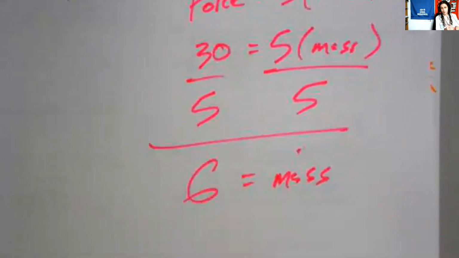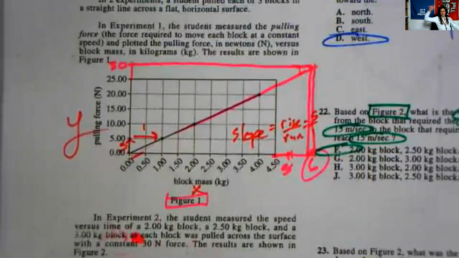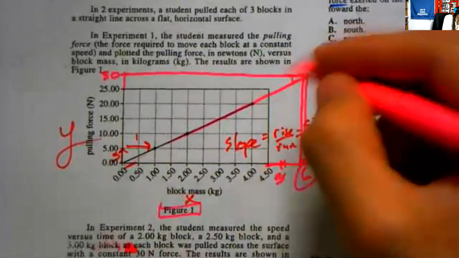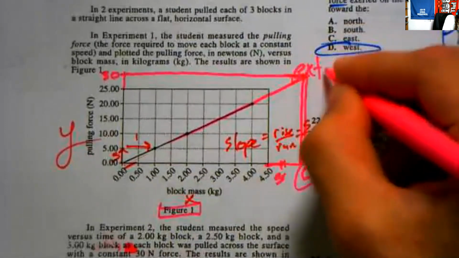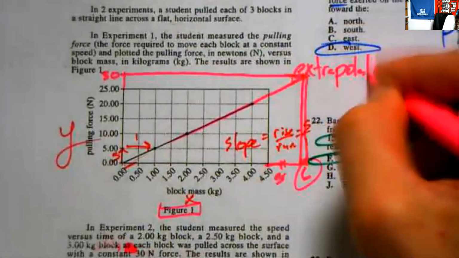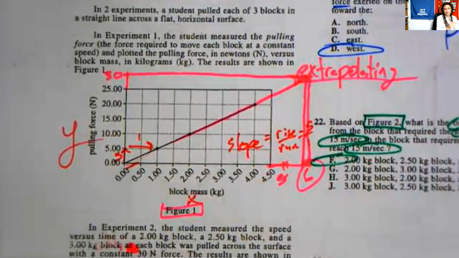So you can use the equation that you established, if you established it right, or you can just stretch the graph out. What's that called? That's our very first example of something called extrapolating. Looking outside the data range we got, extra, it's outside, looking outside the data range to make predictions.